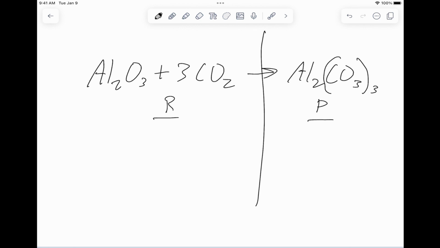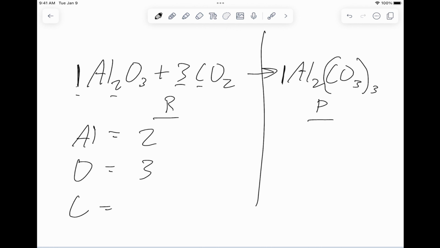And I'm going to write down, well, I have aluminum, I have oxygen, and I have carbon. So the aluminum, again, we're going to make that a 1 out front. We'll put a 1 here to help us out. Well, I have 1 times 2, so I have 2 of those. Oxygen, I have 1 times 3, so I have 3 of those. Then I'm going to come over here, and my carbon, I have 3 times 1. I have 3 of those.